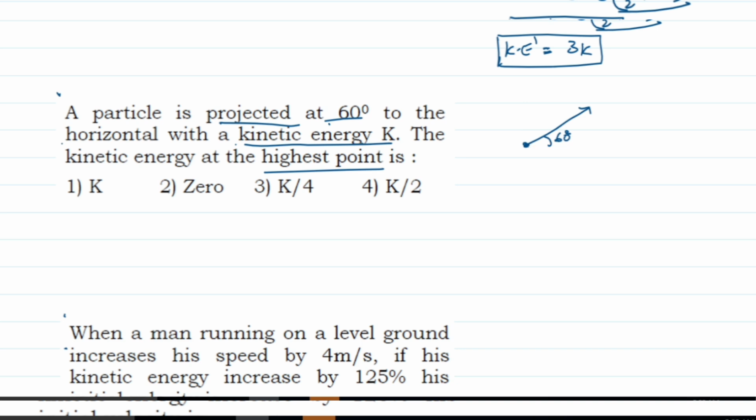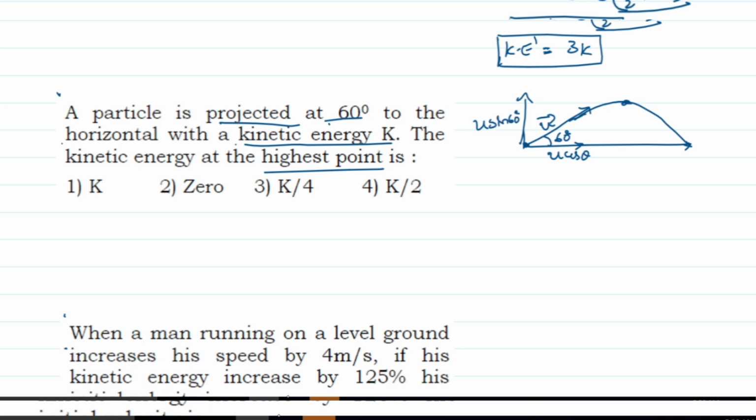So you have already read this in projectile motion. When the body reaches the highest point, resolving the initial velocity, along the horizontal direction it is u cos theta, and along the vertical direction it is u sin theta, that is u sin 60 degrees.